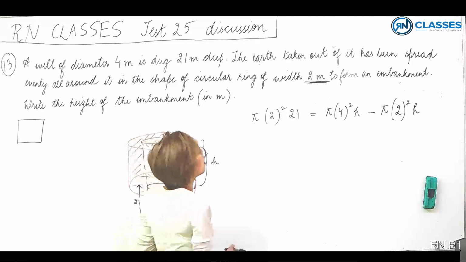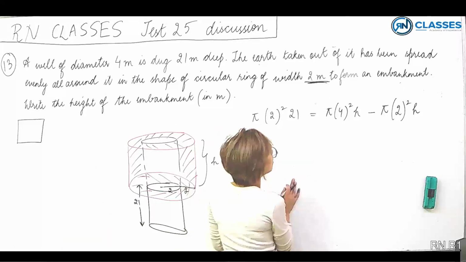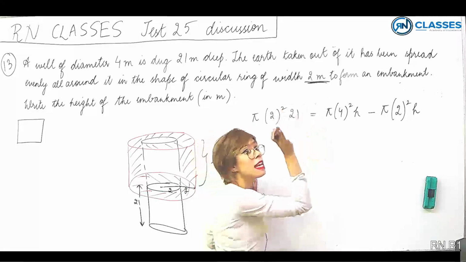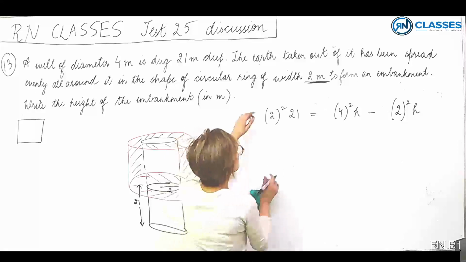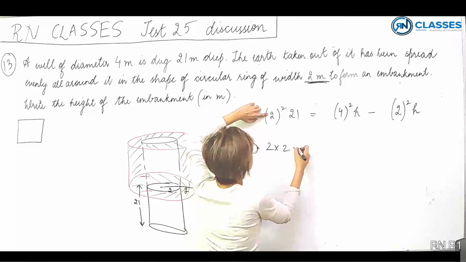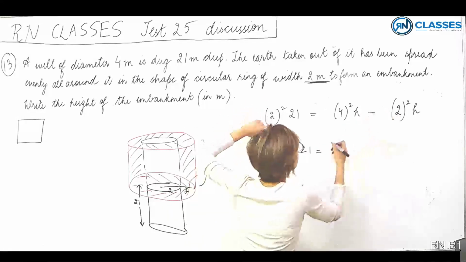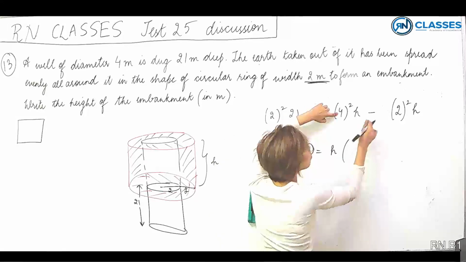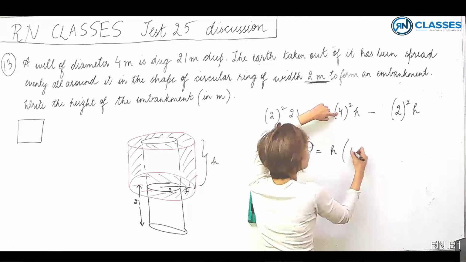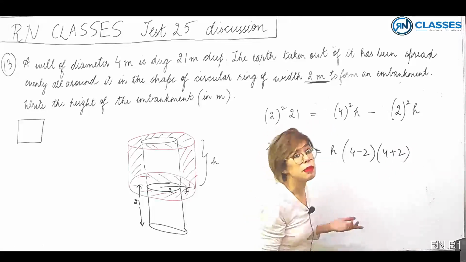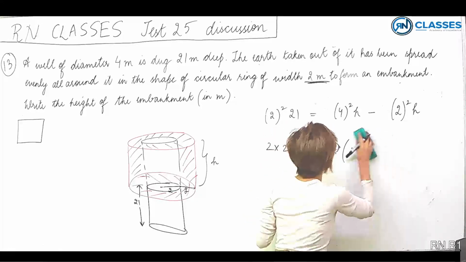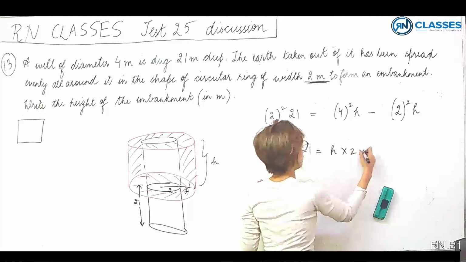Let's find out. Now, first of all, I'll take pi common and then cancel it. So, you be careful while you are cancelling it. So, this is what? 2 into 2 into 21 is equal to, taking h common, h into 4 square minus 2 square, or I can say 4 minus 2 into 4 plus 2, is 2 into 6.